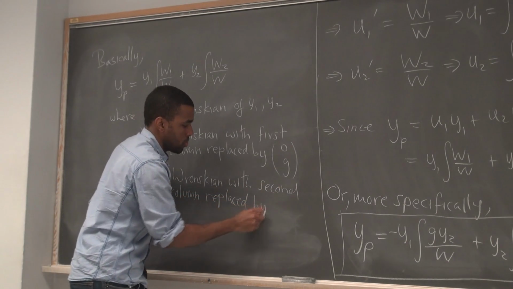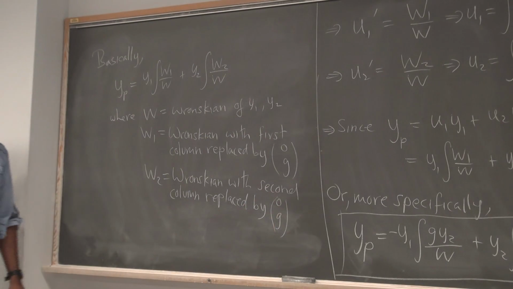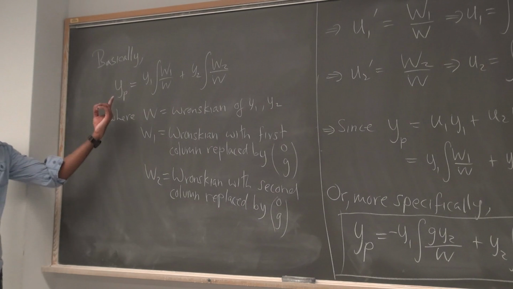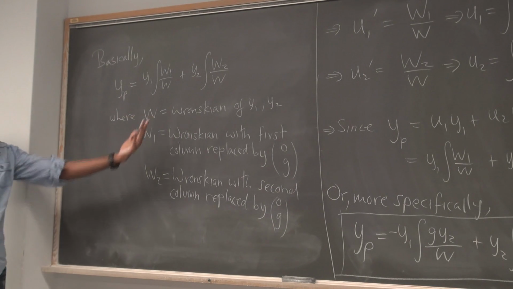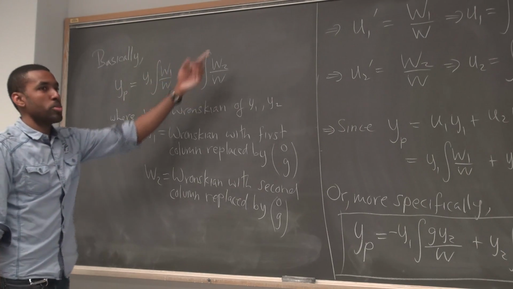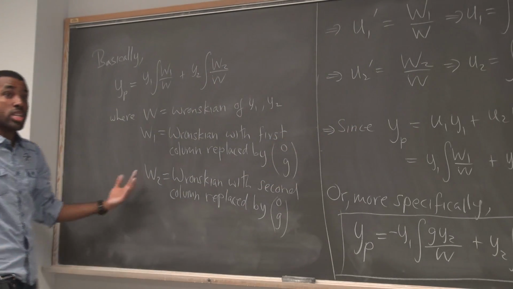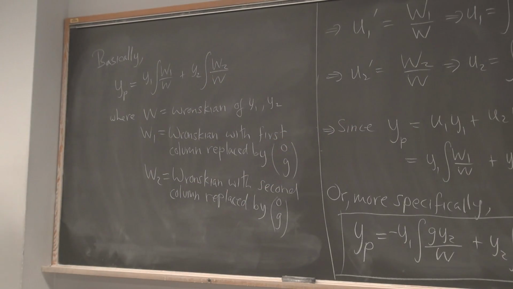I like to remember it this way because it actually works in general, which means if we had a third or a fourth order, we could have y1 times w1 over w, y2 times w2 over w, w3 over w, w4 over w, up to wn over w. This will actually work in general for higher order differential equations.